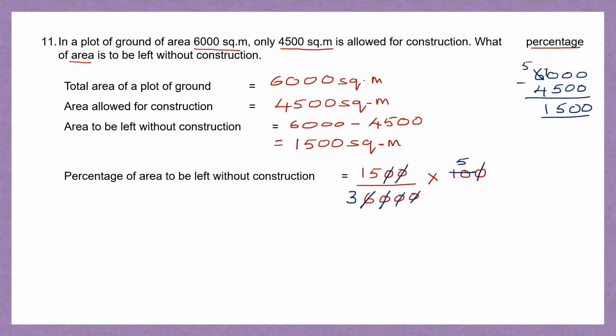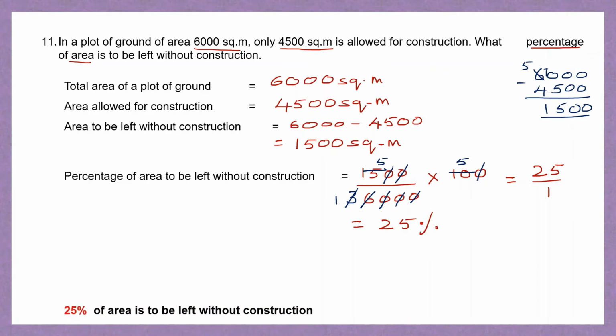I can still cancel 3 and 15. 3 1s are 3, 3 5s are 15. So in my numerators, I have 5 into 5, which is 25. And in the denominator, I have 1. So percentage of area to be left without construction is 25%.